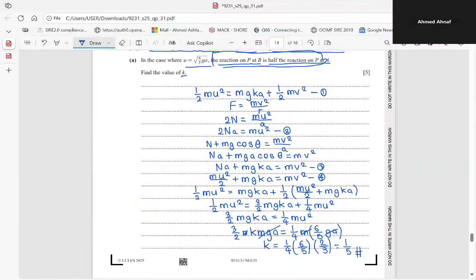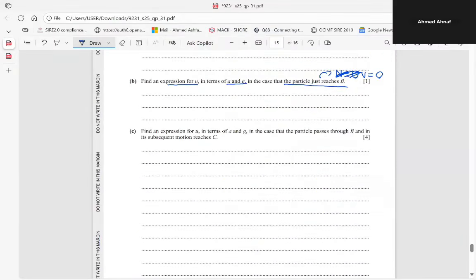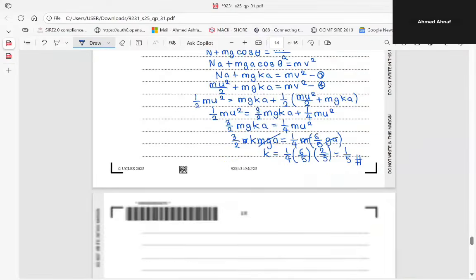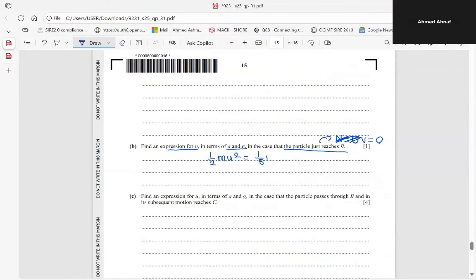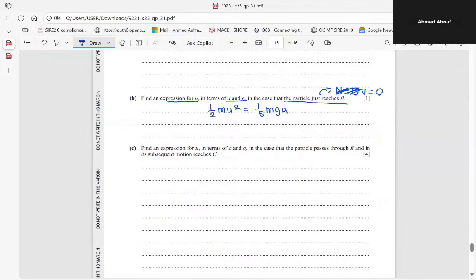So we're going to use that. We'll use our energy equation. Half m u squared equals m g k a. So k is 1 over 5, m g a. And then half m v squared would obviously be 0. The m's cancel out. Then u squared is 2 over 5 g a. And hence u is just square root of 2 over 5 g a. So this is our final answer for this part.